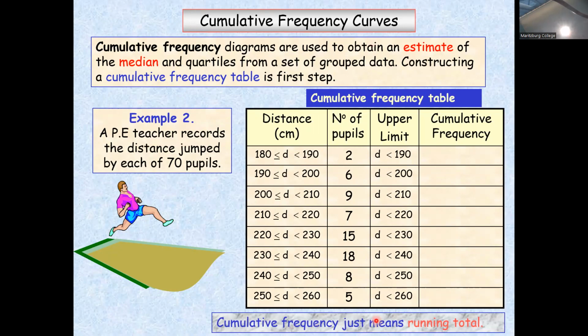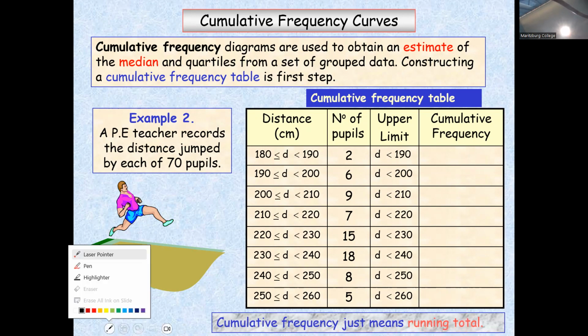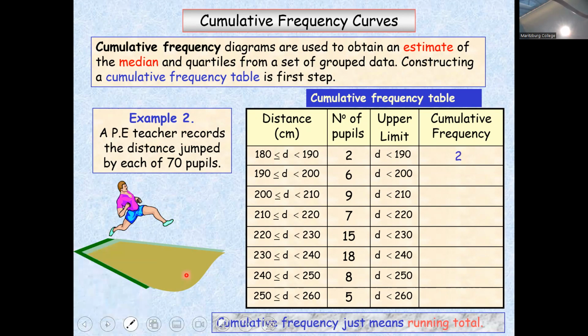Our cumulative frequency column is blank, and that's the one we want to fill in. Simply put, cumulative frequency just means keeping a running total. So the first value that we want to insert into the cumulative frequency column is 2.